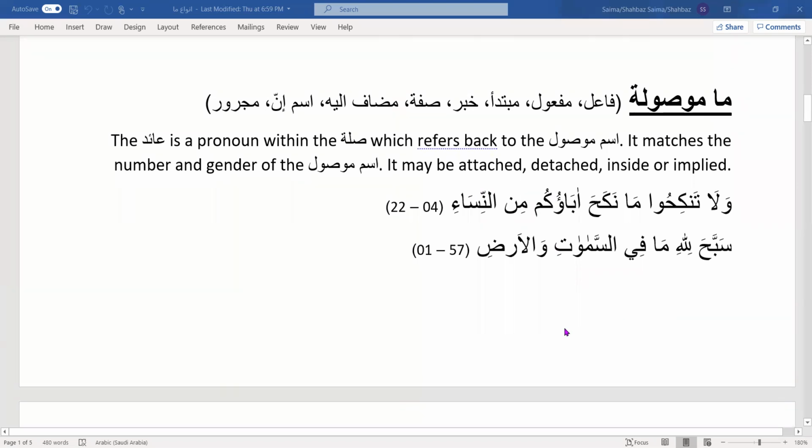May not exist there. Okay. Aid means the one who returns. So aid is a damir that returns to the ism mausul, the ma, over here. For example, وَلَا تَنْكِهُ مَا نَكَهَ آبَاؤُكُمْ min nisa'i.